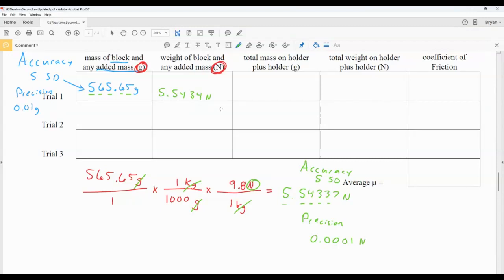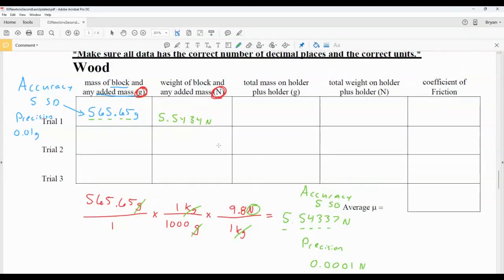Okay, so that's the first half of the information we need. What we found with this, the weight that's sitting there, is going to end up being the normal force when I'm thinking about my formula, because eventually I'm trying to find a coefficient down here at the end. So, I guess I can spoil it now.